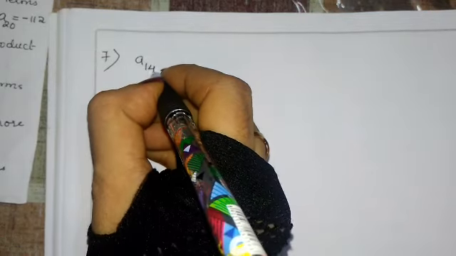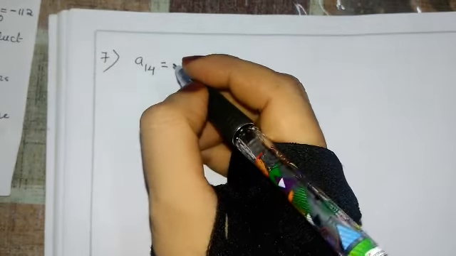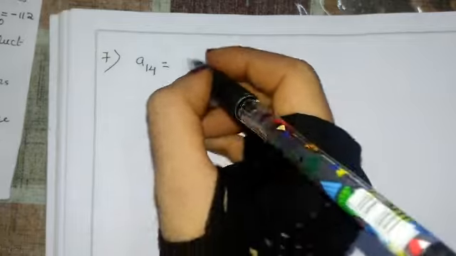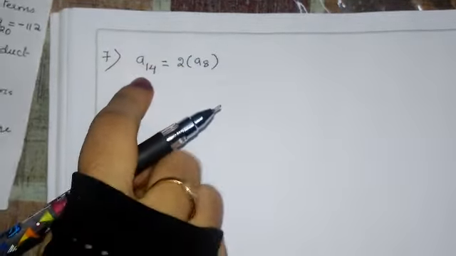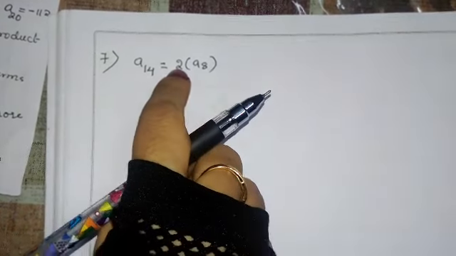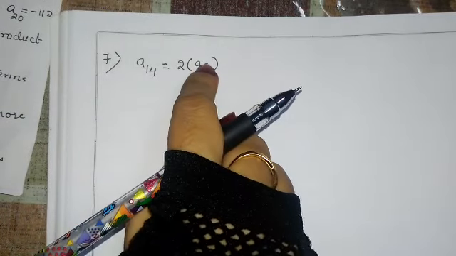Here, the question which I have already read. So, I will write here, the 14th term of an AP is twice its 8th term.